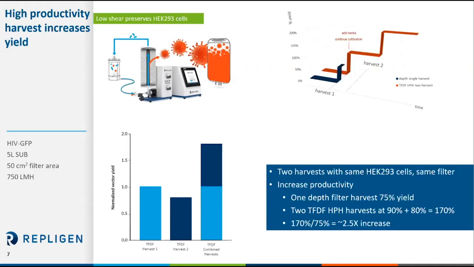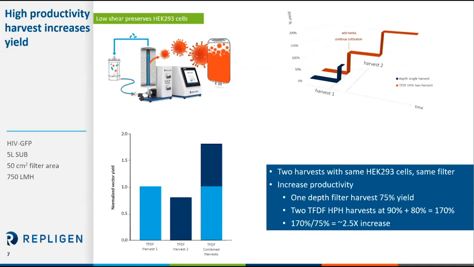The fresh media was added to the bioreactor, cultivation was continued, and then a second harvest was executed once again at 750 LMH. Without optimization, the yield for the second harvest was 85%. So there's a little math here, so let's add up the numbers. If you combine the first and second harvest, then you obtain a harvest yield of 170%.